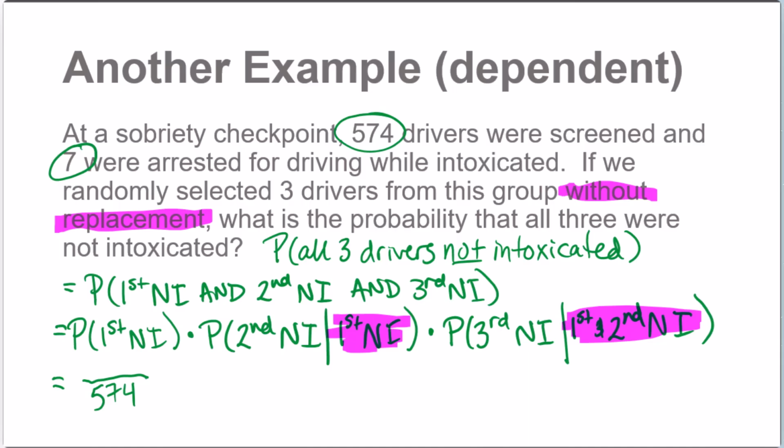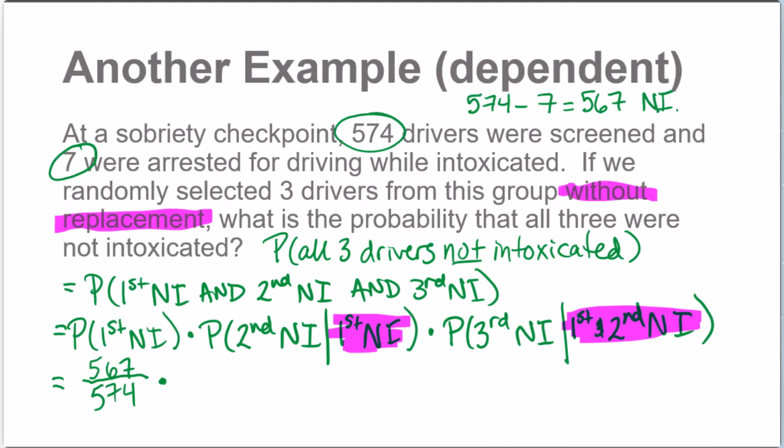So I need to actually figure out how many of the drivers were not. So that would be 574 minus 7, which is 567. These were the people not intoxicated. So the probability of the first driver I select not being intoxicated is 567 out of 574. That's my first probability. Times.